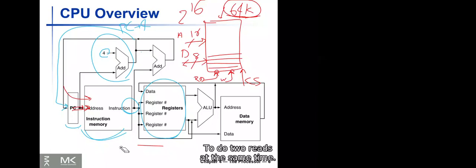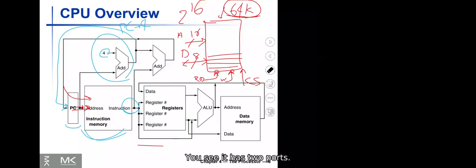So since we are going to do two reads at the same time, we need at least 2 ports for getting data out of the register file. You see, it has 2 ports. These are 2 data buses of the register file for reading.